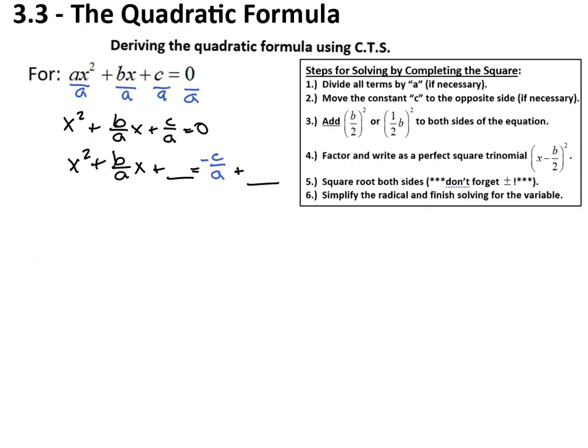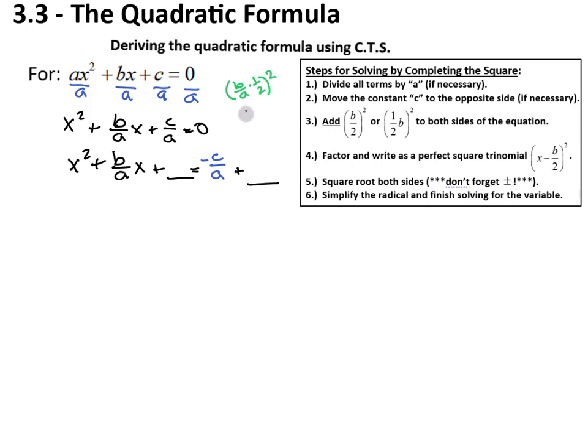Okay, next, to actually complete the square, remember we needed to find half of b, or 1/2 times b, quantity squared. And we said to use this one specifically if b was a fraction. And since we do have a fraction here, we're going to multiply it by 1/2 and square it. So our side work here will be to take b over a times 1/2 and square it.